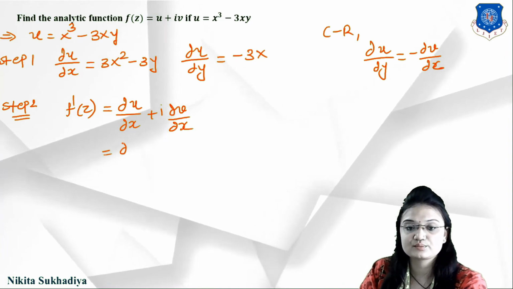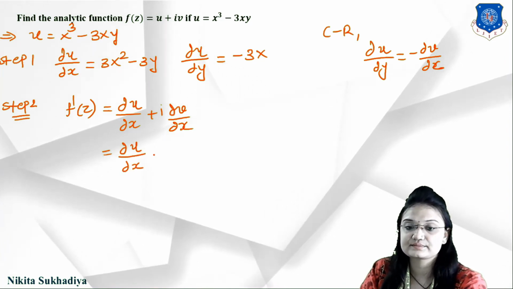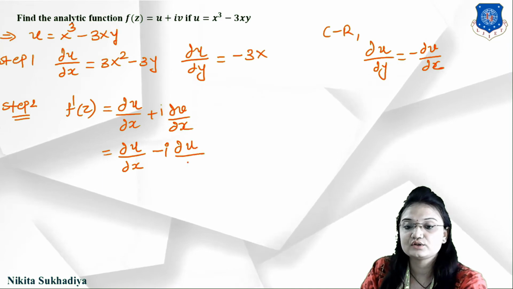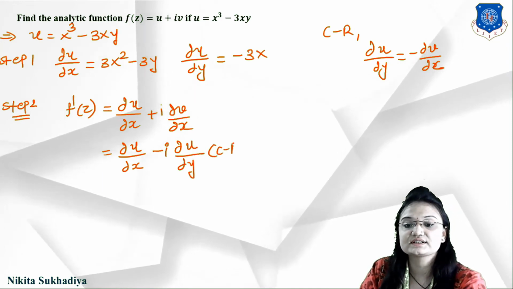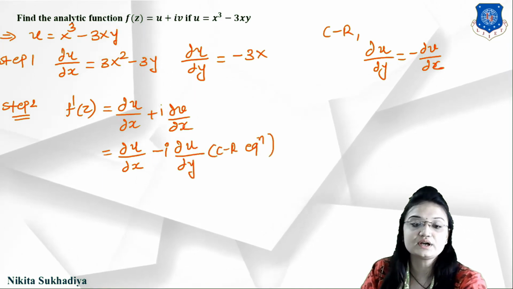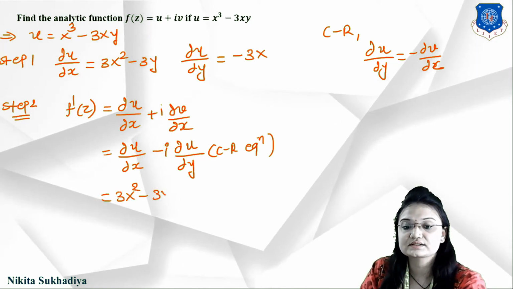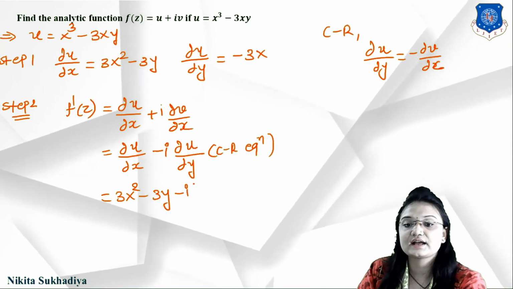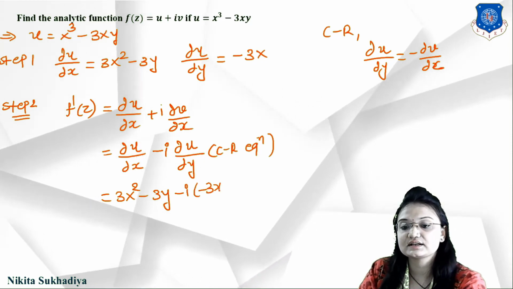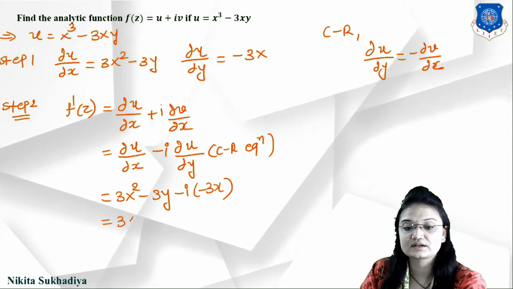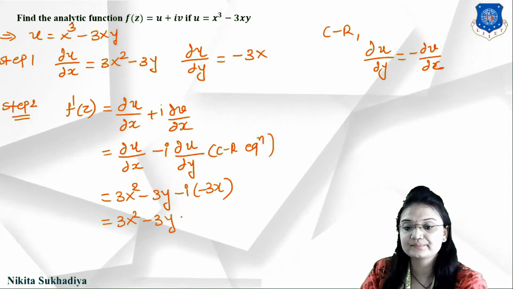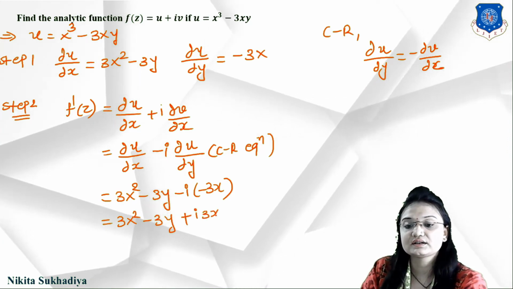So here we can put del u by del x minus i del u by del y using the CR equation. Now we have del u by del x, that is 3x square minus 3y, minus i del u by del y, that is minus 3x. So now we get 3x square minus 3y plus i 3x.